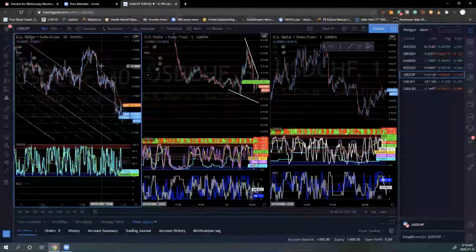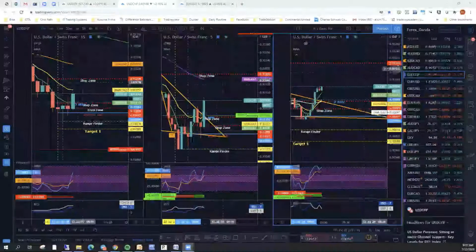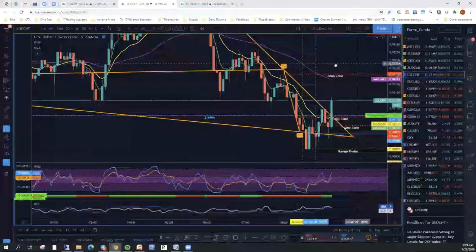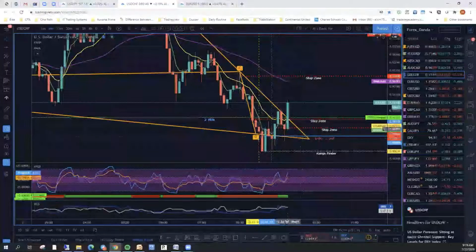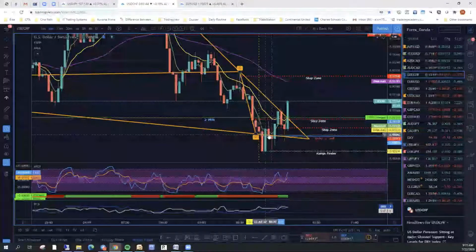I'm going to go ahead and share my screen. Yeah, go ahead. Okay, here we go. You should see my screen again. Yep, works fine. And here is where we had the original wedge, and here's where the breakout occurred.